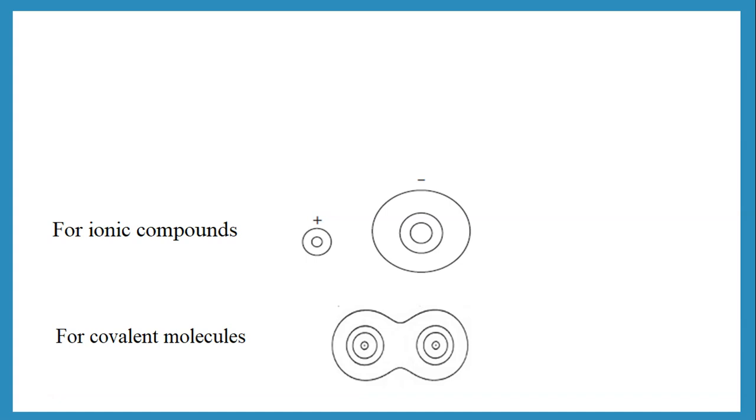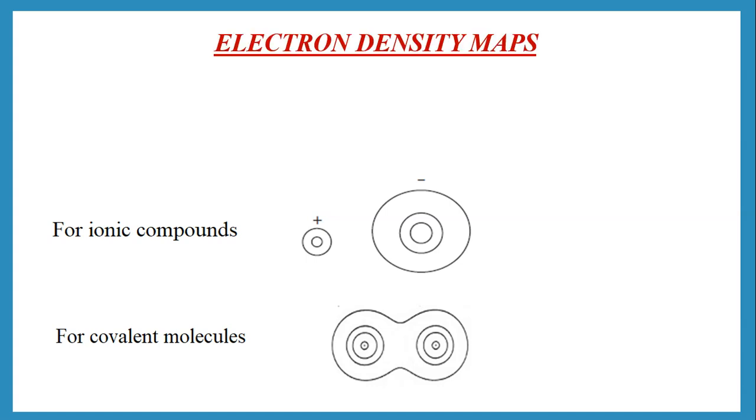The negative ion has its electrons, and that is drawn to show that they are separate if it's ionic, or the contour lines of the outer shell are overlapping to indicate that they are sharing. This kind of diagram is called electron density maps.